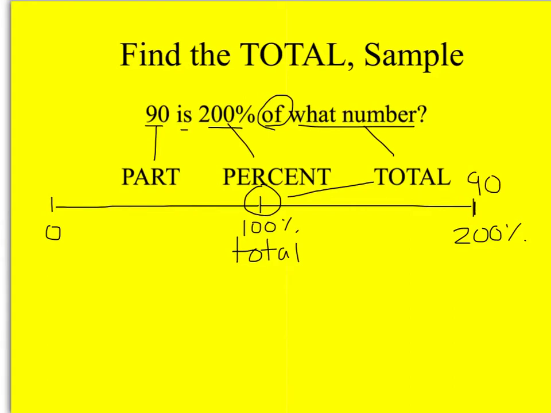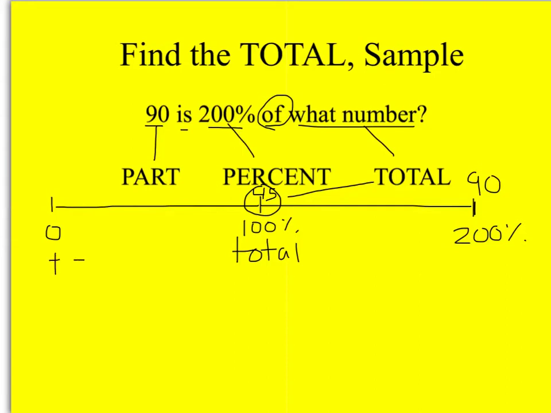So now we can visually see that 100 is halfway between 200 and 0, which means this number right here that we're looking for, the total, is going to be halfway between 0 and 90. I know that this is probably going to be 45. Because 45 is halfway between 0 and 90. But let's see if the math works out.